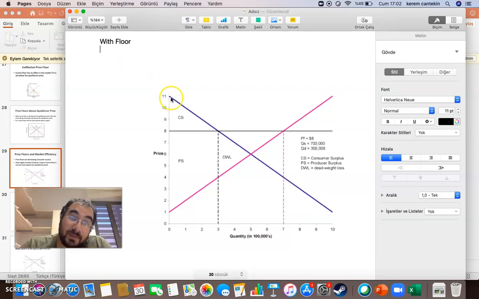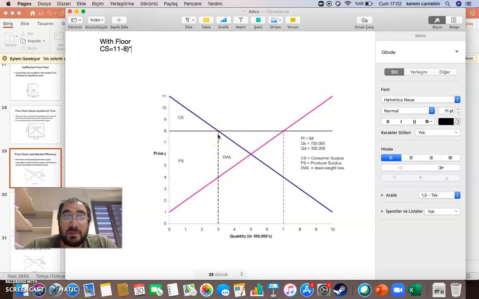So consumer surplus is 11 minus 8. 8 is the price they pay. For any buyer, we should subtract 8 from the amount he or she is willing to pay, not 6, as we would do if there was no price floor. Consumer surplus is equal to 11 minus 8, and then we should multiply it with the amount that is sold.